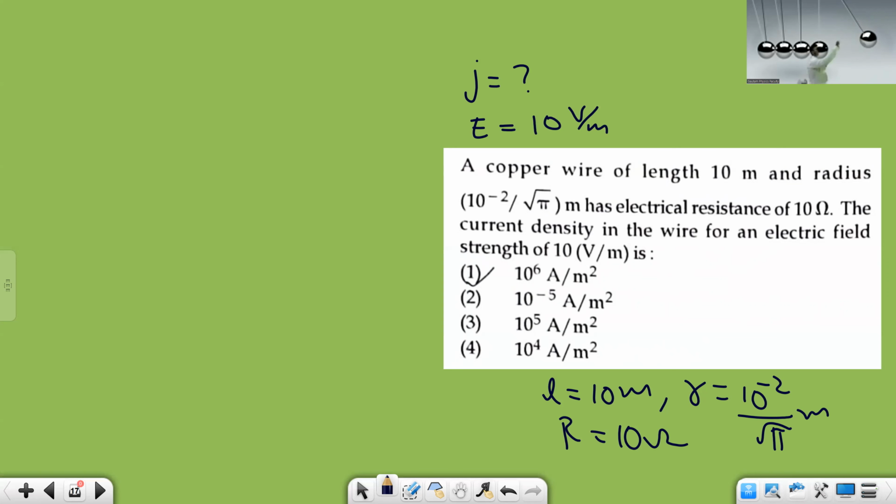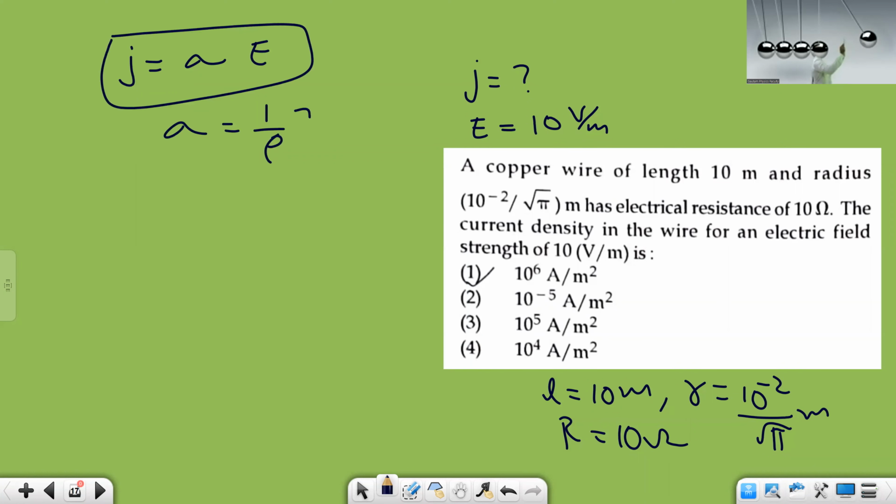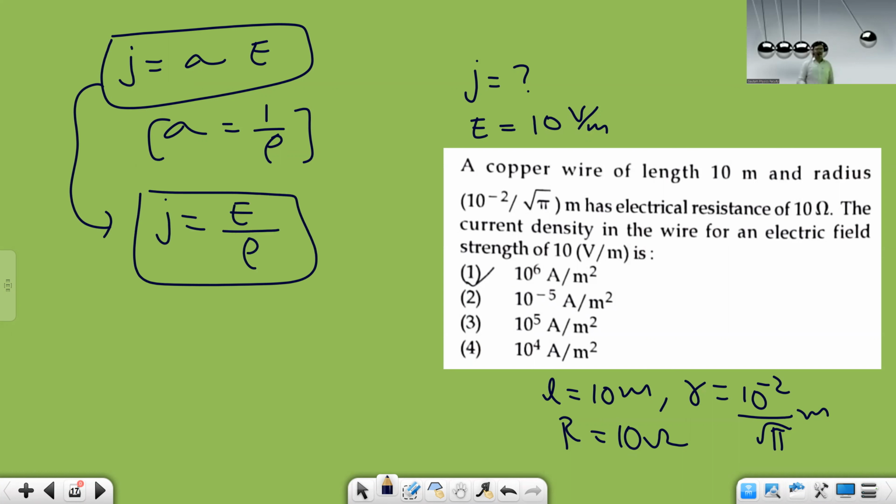Actually, we have one relation for current electricity, J equals sigma E. Sigma is conductivity. Conductivity is the reciprocal of resistivity. So I can write J is equal to E by rho. So current density is electric field intensity by resistivity. Okay, fine. Electric field intensity is there, it is 10.